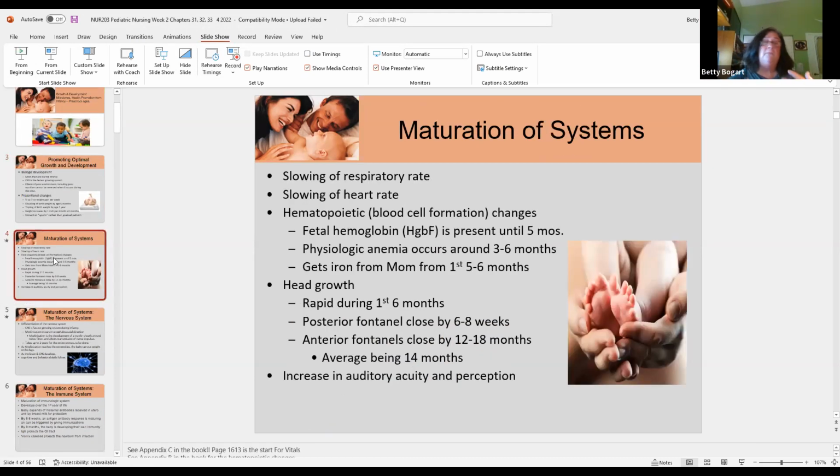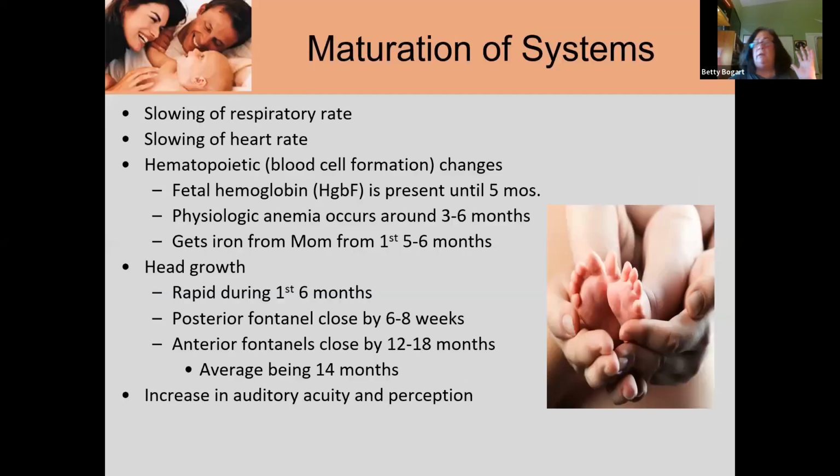Okay, so initially, mom is going to give you all her good stuff. You know, red blood cells carry iron. So of course, that's why we are full of iron. Now, as we start introducing food to these children, or even if we give formula, what do we give?